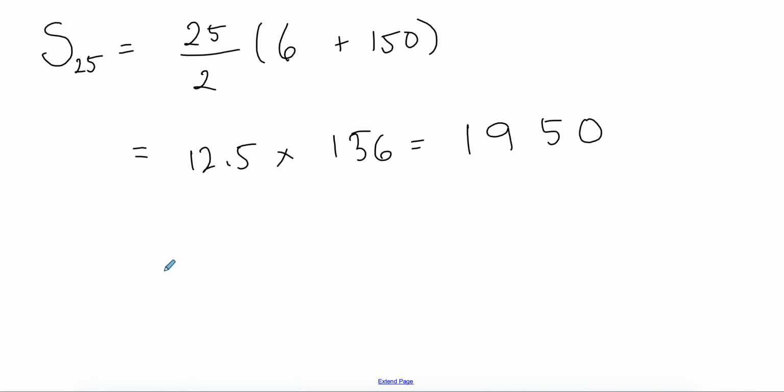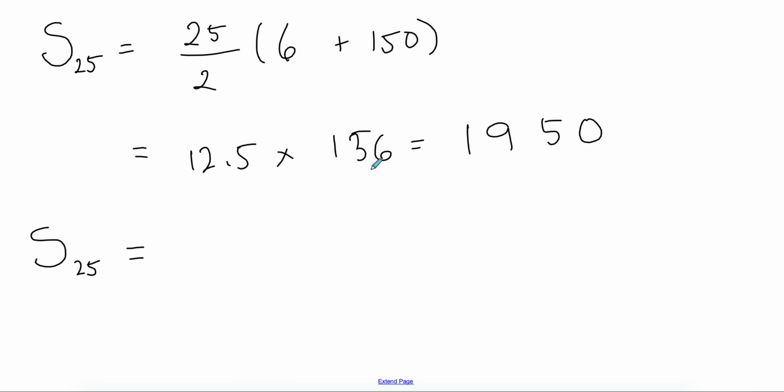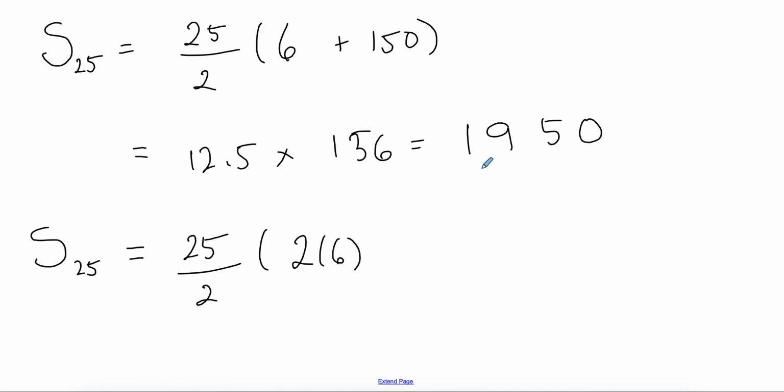Let's check our answer using the other long method. You use the other formula in case you don't have the last term, because what you're doing here is basically finding the last term again, in case you don't have it. So we have 25 over 2 again. This time it's 2 times 6. So we go 2 times the first term, plus n minus 1 times d. So our n is 25 minus 1, times the common difference, which we found to be 6.